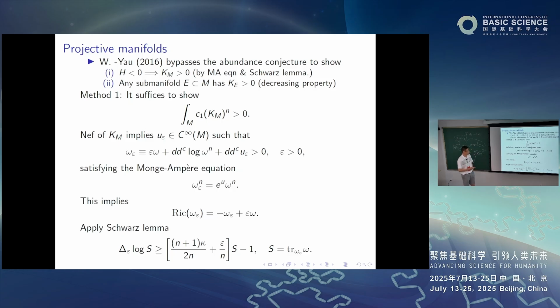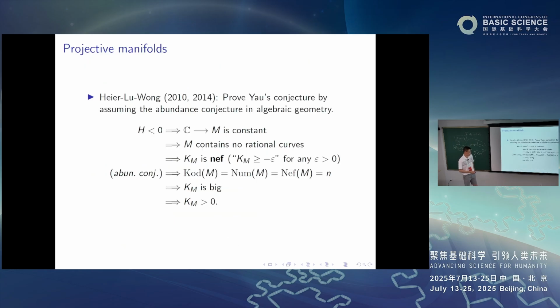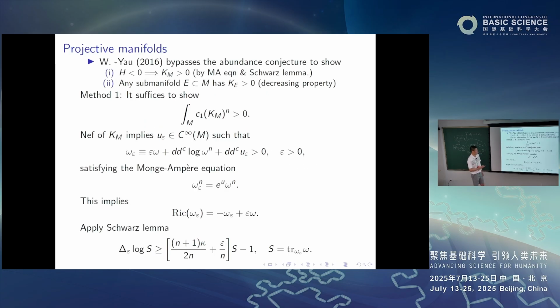So our proof is the following. Inspired by their result, you just need to show Km is big, actually. Km is big can be reformulated as the volume integral being constant. You just need to do this.